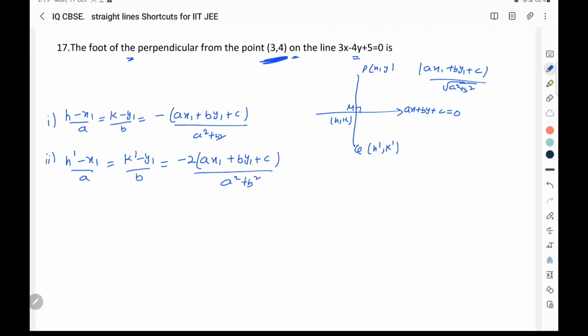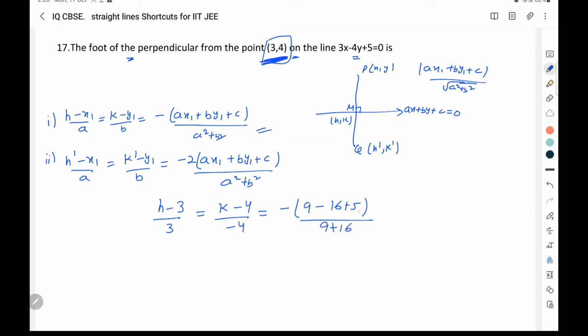Okay, so let's do this. Here 3 comma 4 is given, so I will go with the first model, since both are positive. h minus 3 by 3, k minus 4 by minus 4, is minus of 9 minus 16 plus 5 by 9 plus 16.